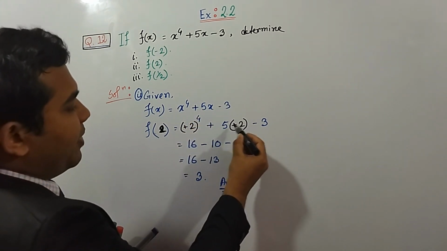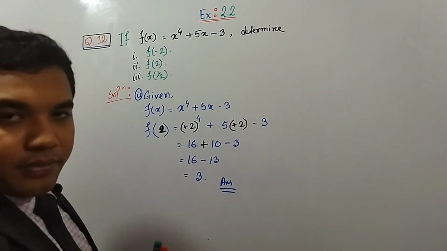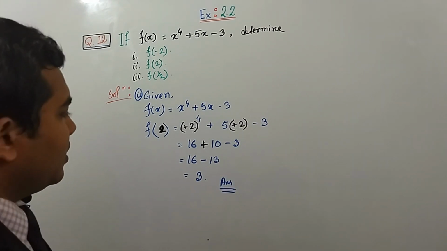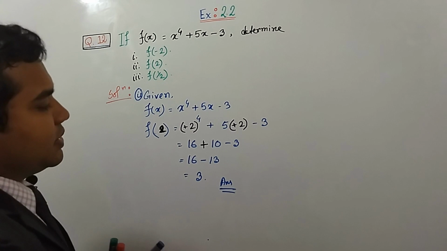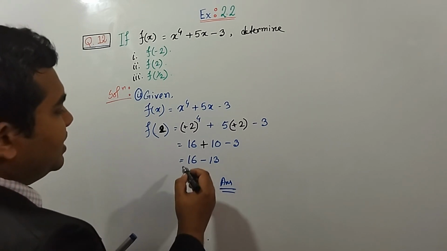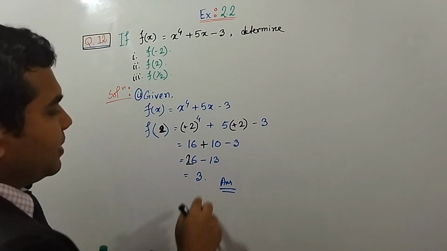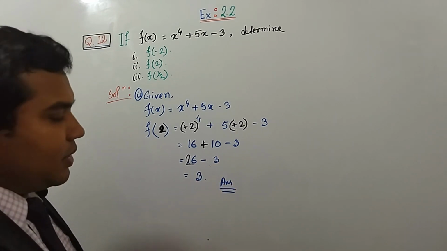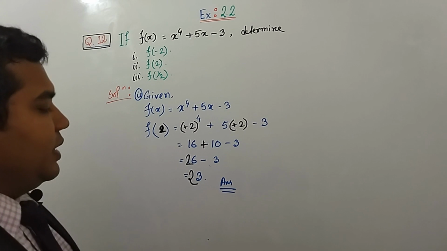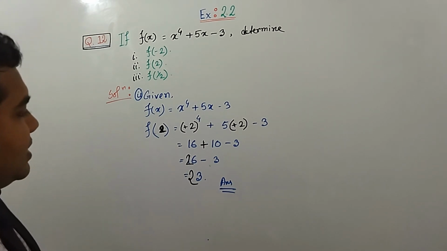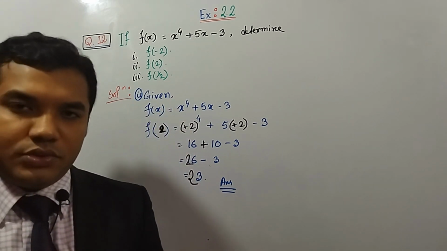Then 5 into 2 should be plus 10 and minus 3. So the calculation should be 10 plus 16, that is 26 minus 3. So this is definitely 23. So that's the answer of question number 2.